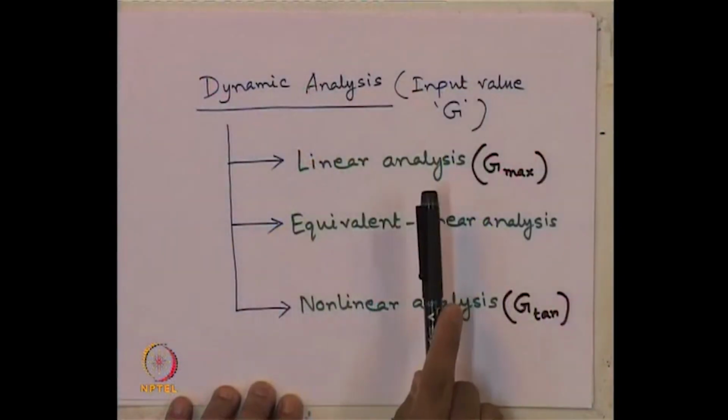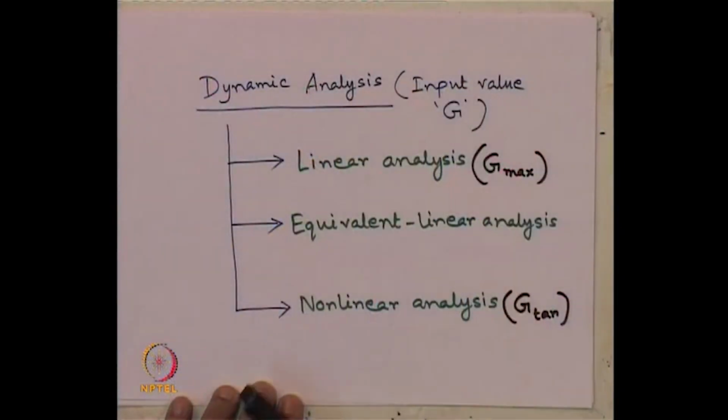As we have seen, linear analysis is the simplest analysis because the G max value remains constant, and we have also understood fairly that nonlinear analysis is the most complex analysis because at each shear strain level you need to change the value of G during the analysis process.